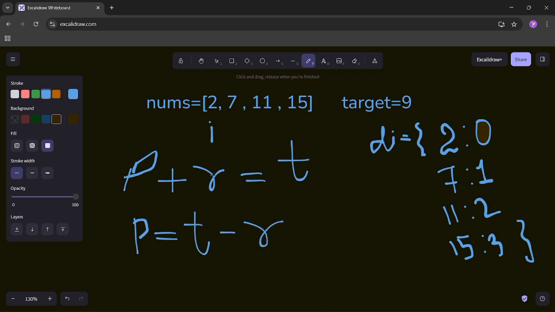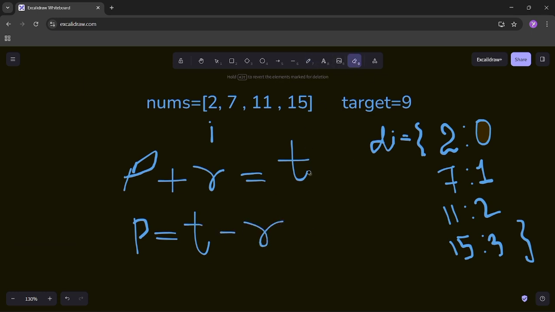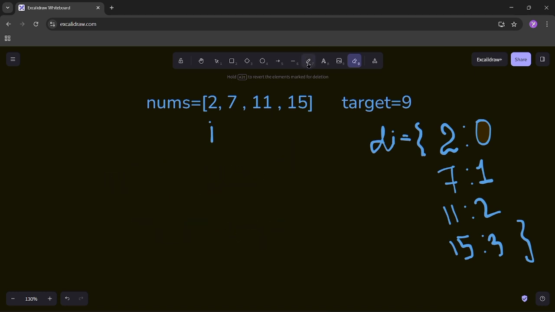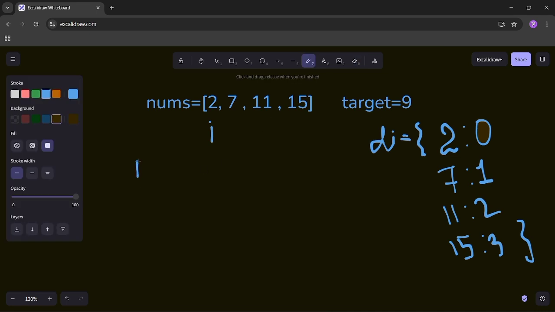So we have to do it this way only. So let me make it more clear. We have to take p, and then we have to take target minus r.